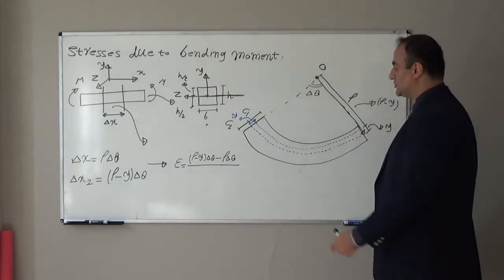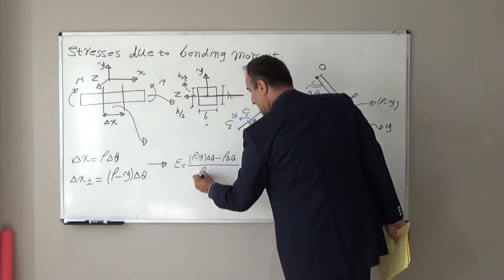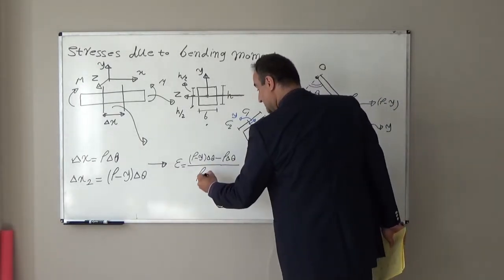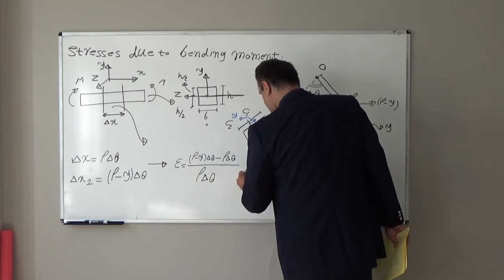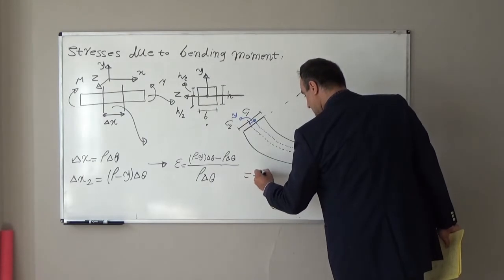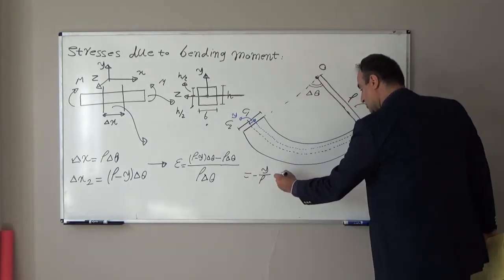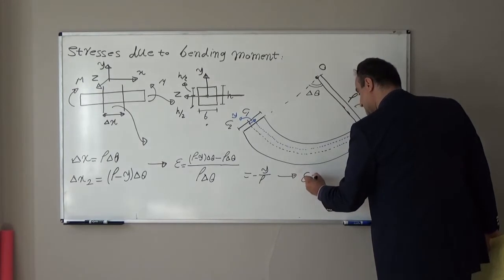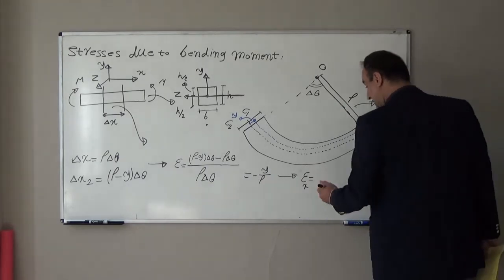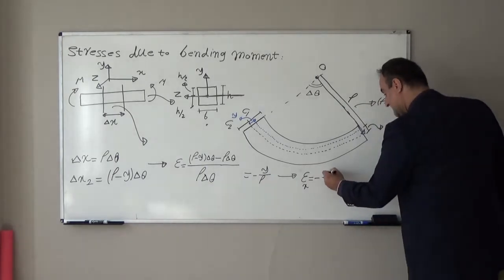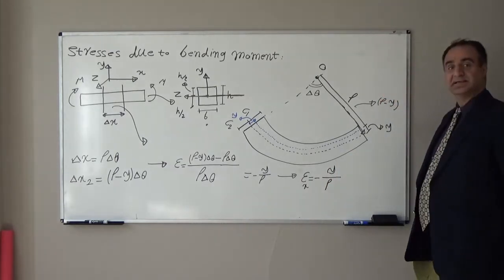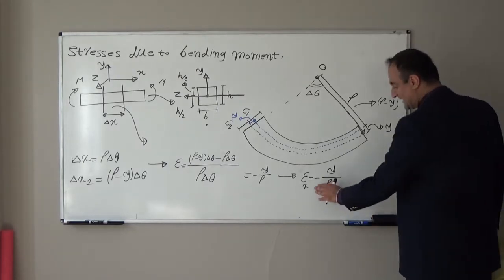If I simplify this, I end up with minus y over rho. So epsilon x, because this is in the x direction, is equal to minus y over rho. You see it is compressive strain because it is negative.